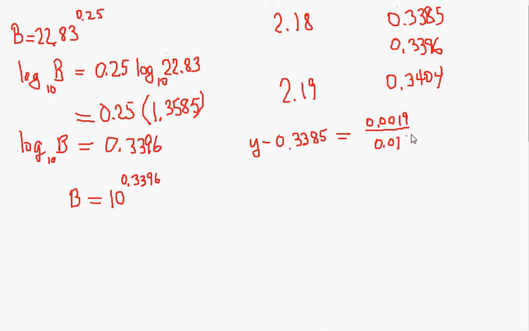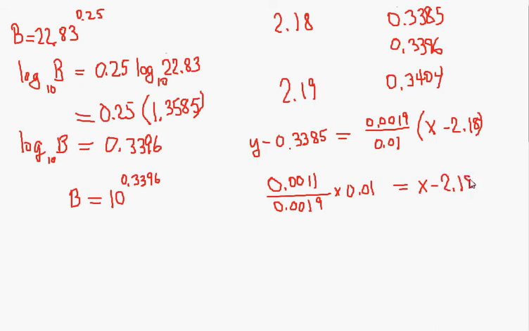Then we have x minus 2.18. Now, the y in question is 0.3396. So if I plug in 0.3396 for y, that gives me 0.0011. And then I need to divide that by 0.0019 and multiply that by 0.01, and that gives me x minus 2.18.